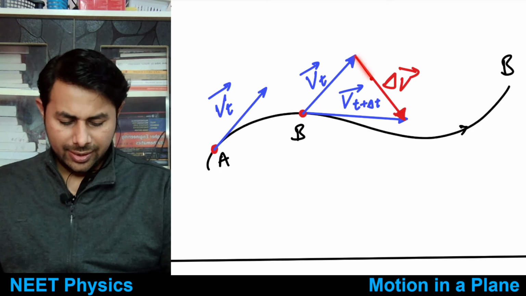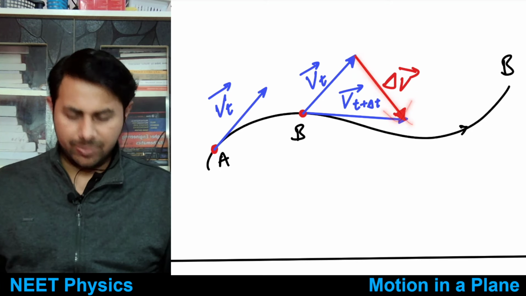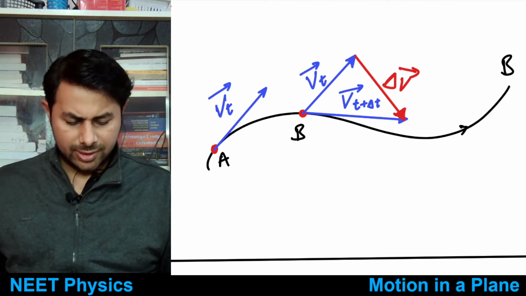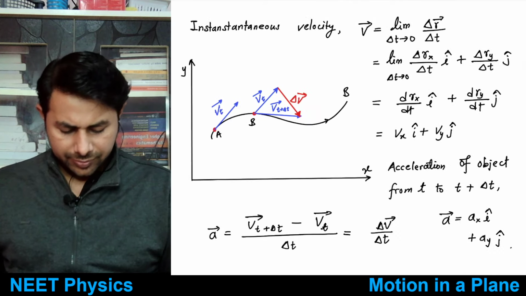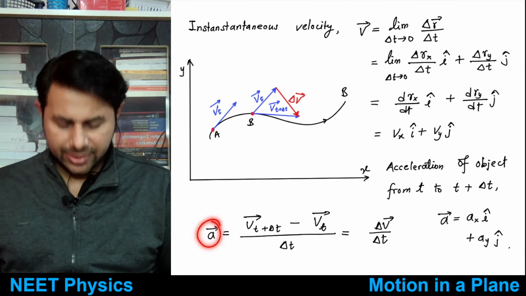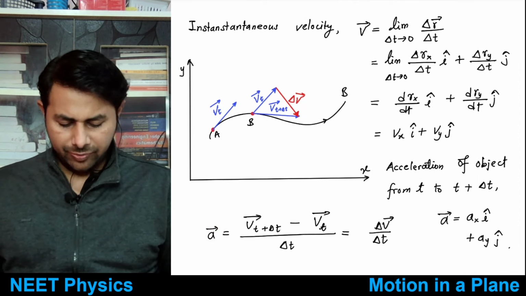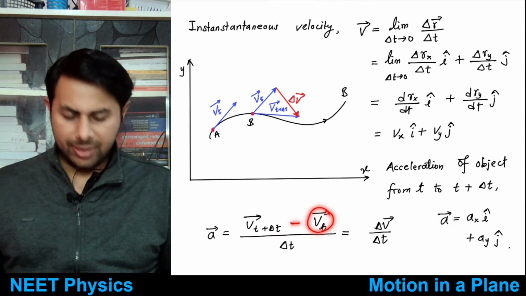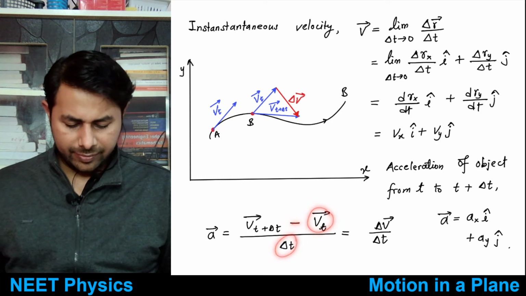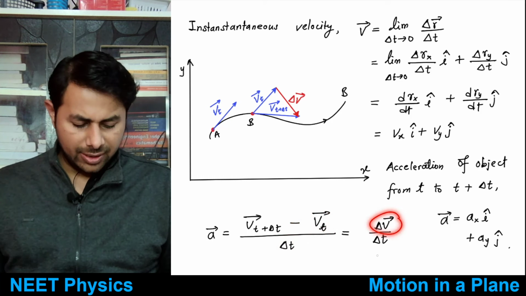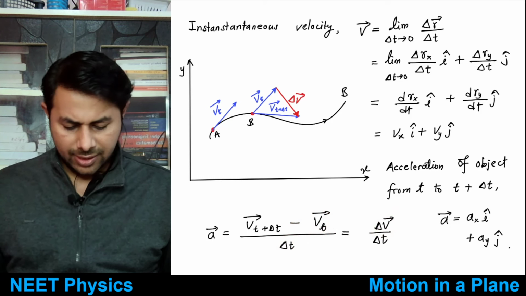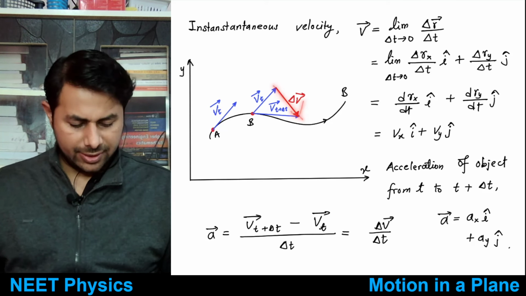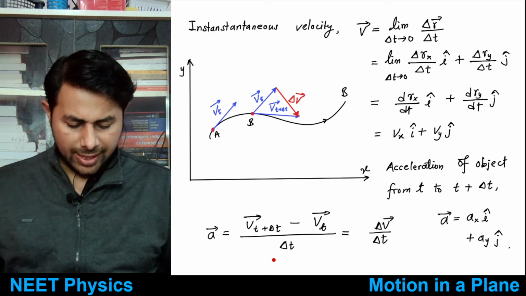So the acceleration of this particle will be directed like this. Acceleration is velocity at time t plus delta t minus velocity at time t, divided by the time. And it is delta v bar divided by delta t, right? So its direction will be like this, as we discussed. So this is the acceleration.